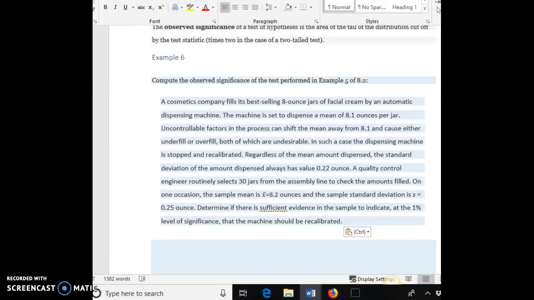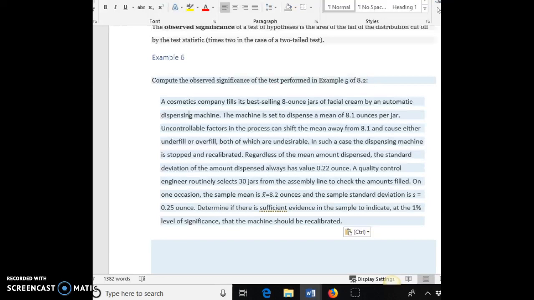A cosmetics company fills its best-selling 8-ounce jars of facial cream by an automatic dispensing machine. The machine is set to dispense a mean of 8.1 ounces per jar. Uncontrollable factors in the process can shift the mean away from 8.1 and cause either underfill or overfill, both of which are undesirable.